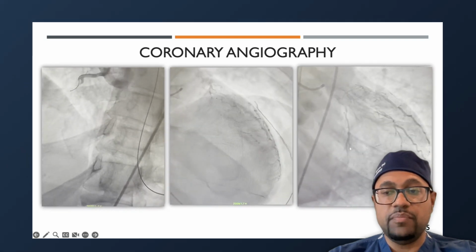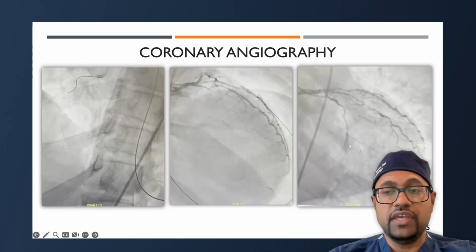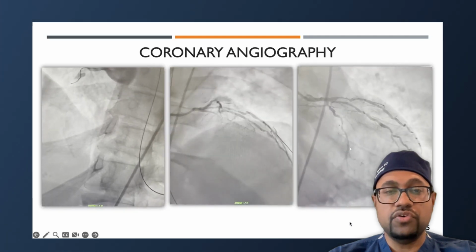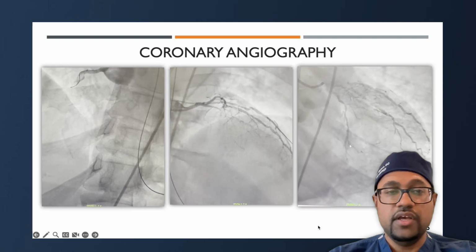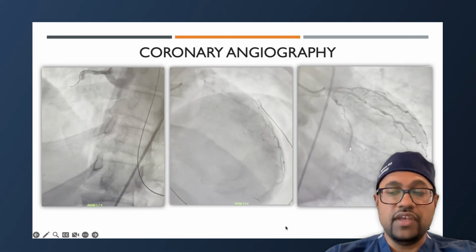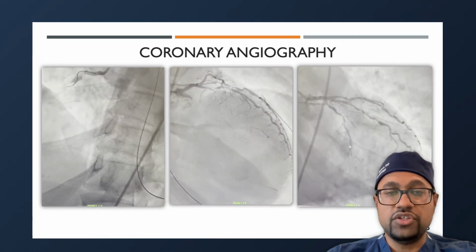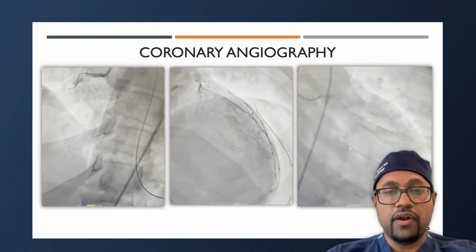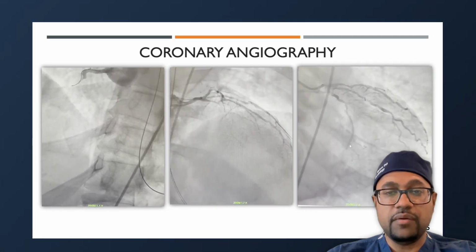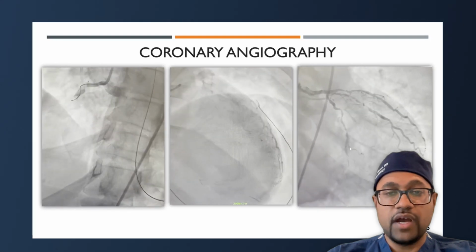And anytime the LVEDP is over 16, we get a little bit worried that the patient is grossly fluid overloaded. But the patient's blood pressure was stable, so I felt okay just intervening on this artery without consideration of mechanical circulatory support, or an axial flow pump like Impella or balloon pump for support.